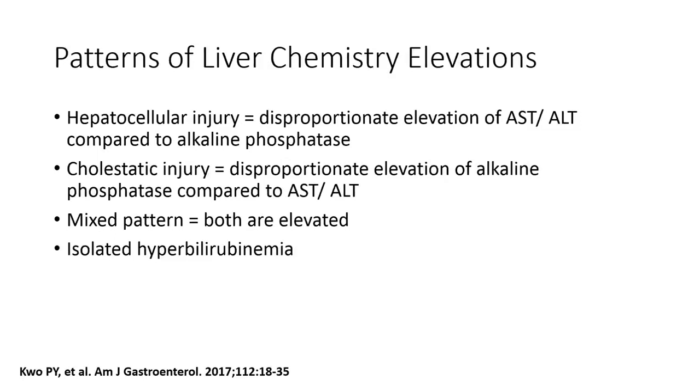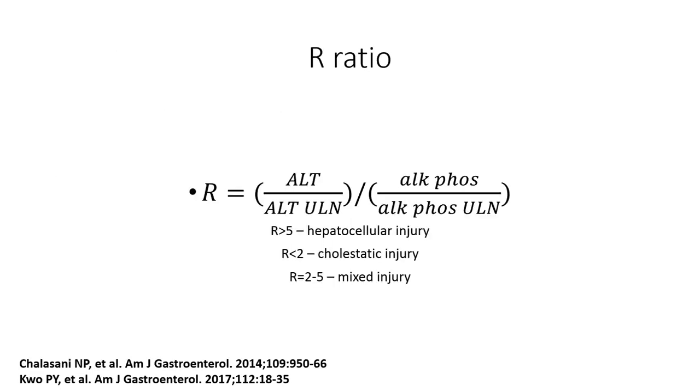So you tested, right? You decided, and then you end up looking at this type of thing. Hepatocellular injury is disproportionate elevation of ALT and AST. Cholestatic injury is disproportionate elevation of alkaline phosphatase as opposed to ALT and AST. Mixed pattern means both are elevated, and you can also see isolated hyperbilirubinemia.